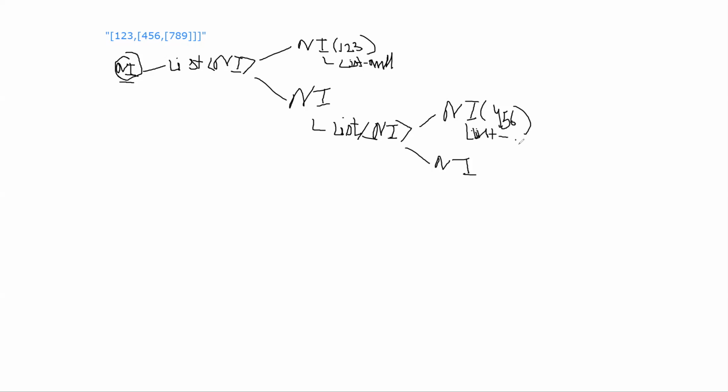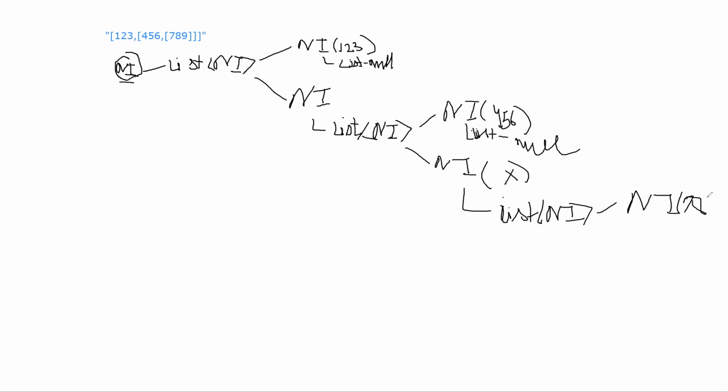My writing is so bad, sorry for that. And there would not be any value here. And then there would be another list of nested integer, where we'll have another nested integer, which would be 7, 8, 9.